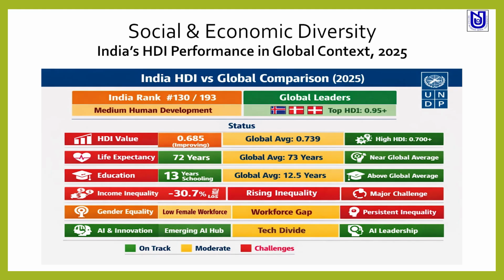Though India's life expectancy has risen to 72 years, nearly matching the global mean, expected years of schooling have reached 13, surpassing the world average of 12.5. However, inequality continues to reduce India's HDI by approximately 30%.